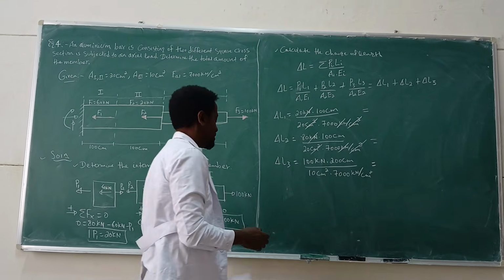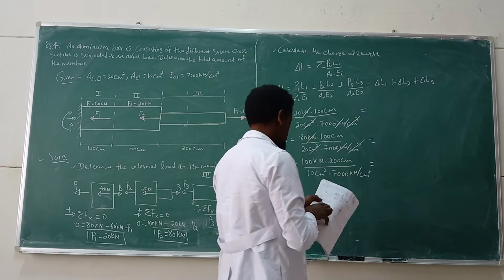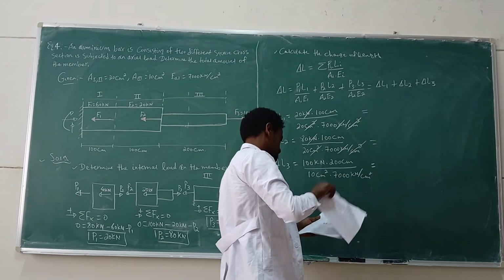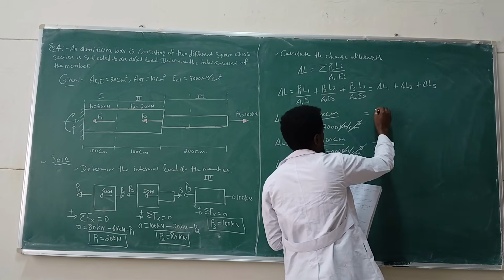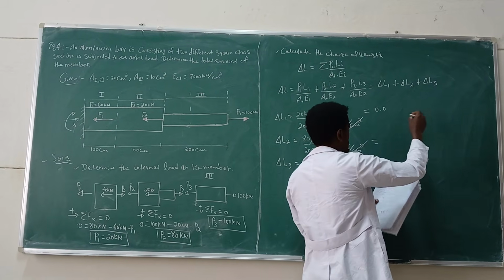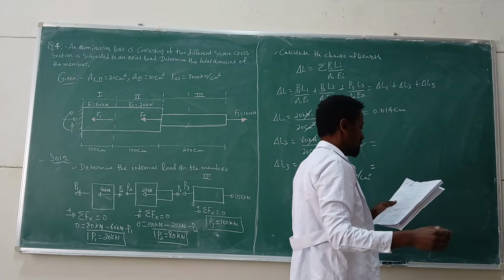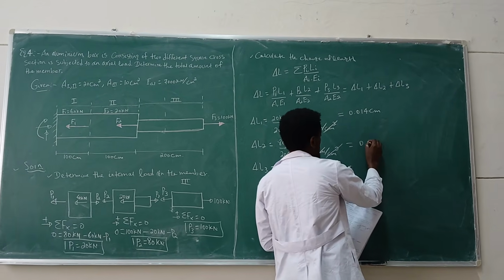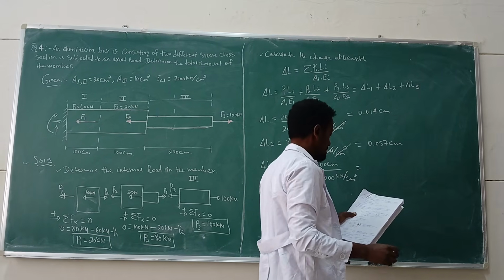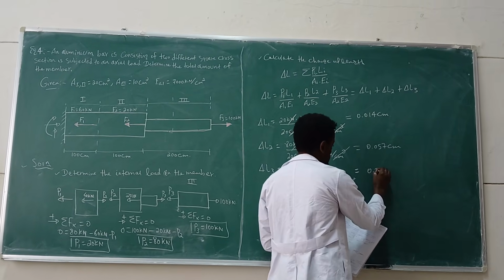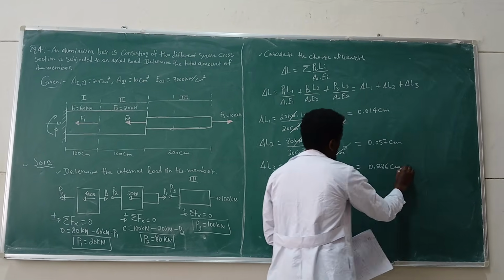Get change of L3. And the values are here: 0.014 centimeter, change of L2 0.057 centimeter, change of L3 0.286 centimeter.